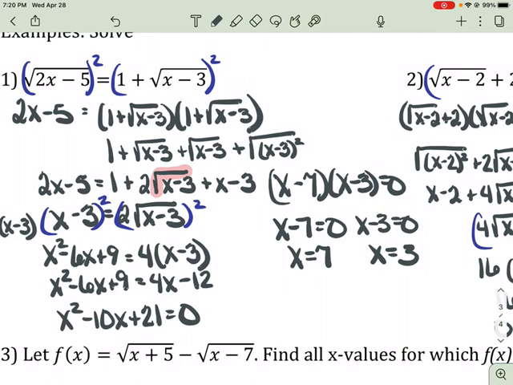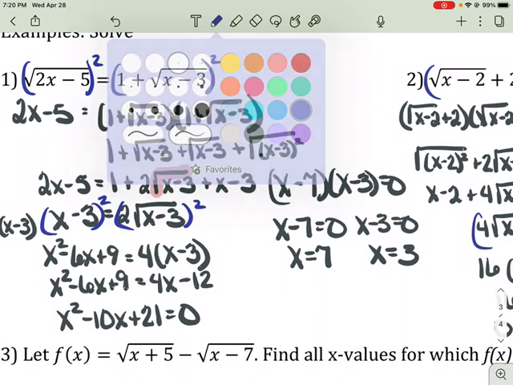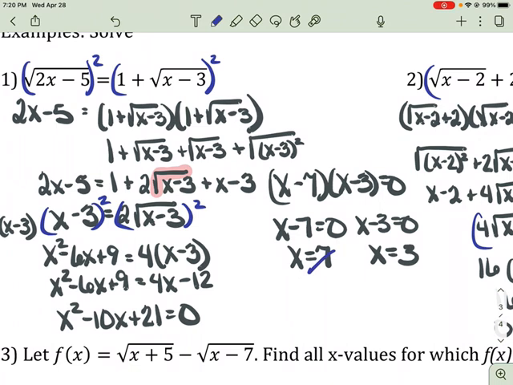Let's see. 14 minus 7 is 9. 7 minus 3 is... Okay, 7 works. I'm doing that in my head. 6 minus 5 is 1. 3 minus 3, square root of 0 is 1. Yep, they both work. I just did that real quick in my head.